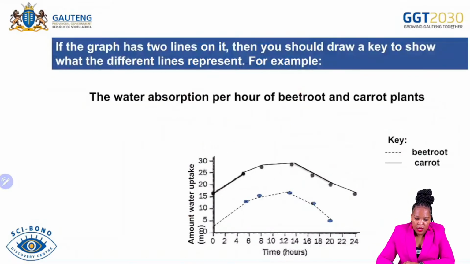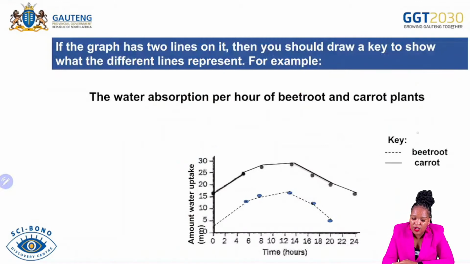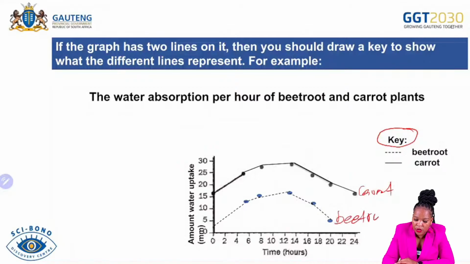Right. Now, this is just another example that shows you when you have two organisms. Let's say you have 2 lines. In the case of 2 or 3 lines in a graph, you need to ensure that you include the key. So if you don't write it here, the solid line represents the carrot, and the dotted line represents the beetroot.